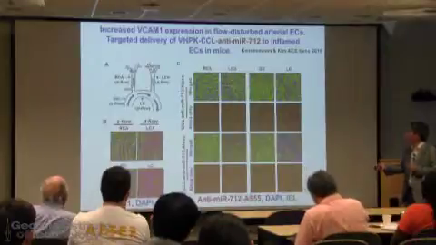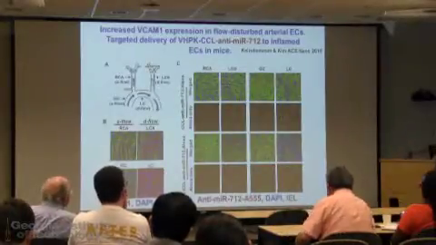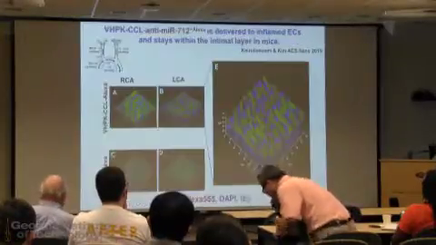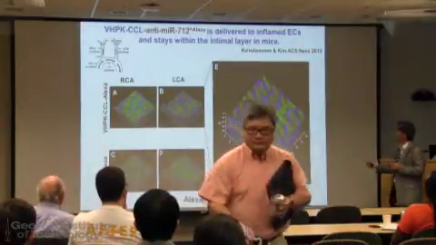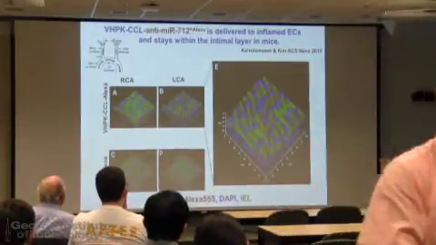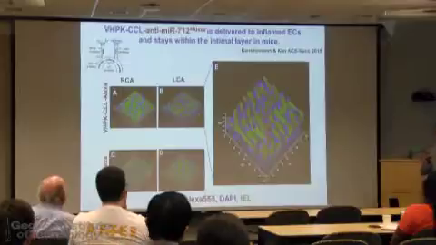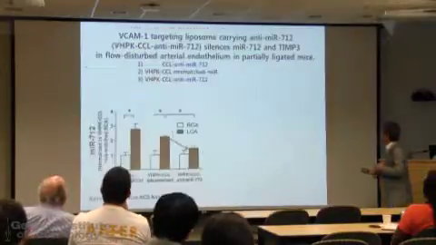And if we don't put the targeting peptide, it does not bind. So it shows that our targeting strategy is very specific, and it binds to the endothelial surface. We were surprised that this nanoparticle binds to endothelium and gets inside the endothelial cells, but it goes no further. We don't know why, but it gets stuck in the endothelial layer.